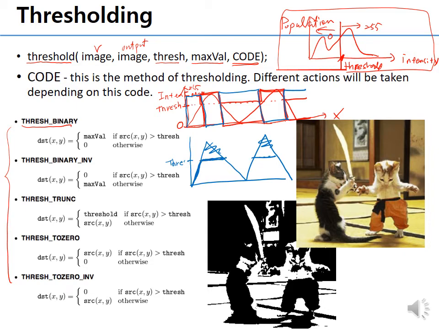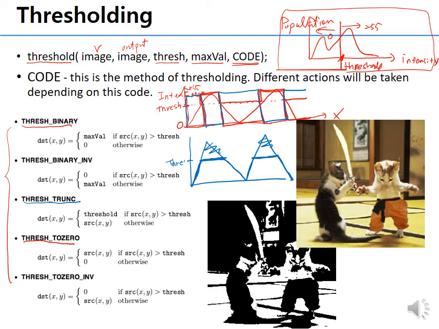Threshold truncate is, if there is a threshold value and a pixel has a value above the threshold value, it is truncated like this.